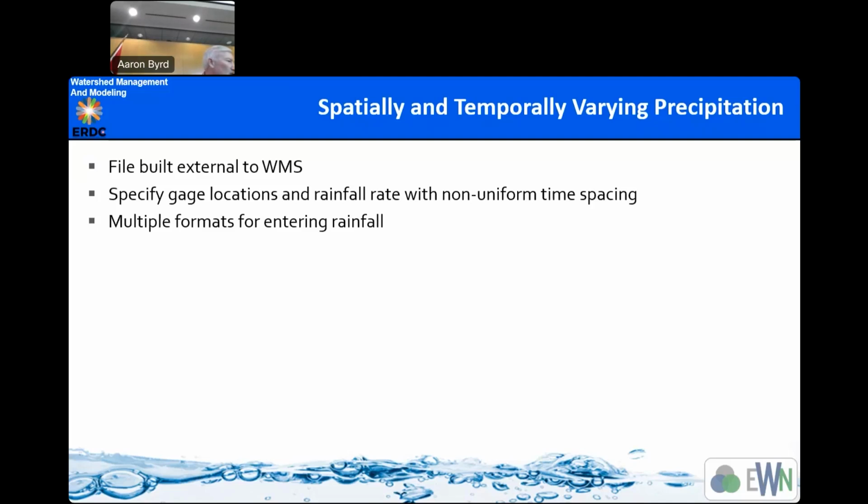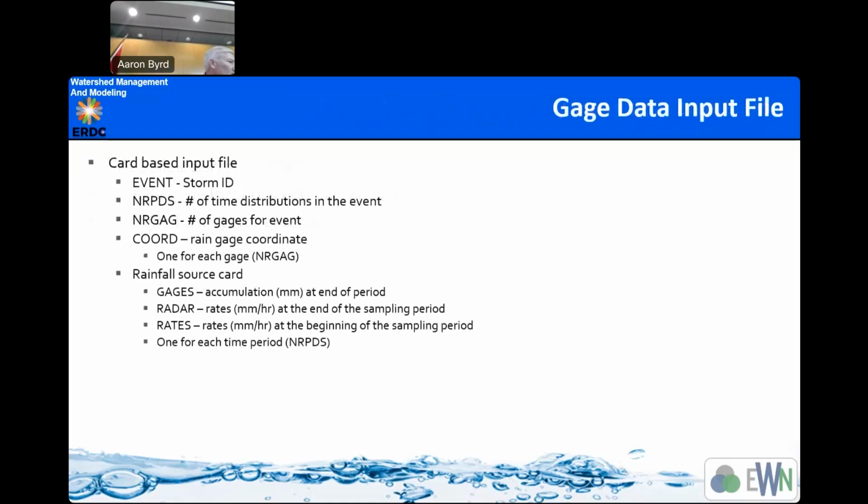So we try to accommodate as much of that as possible without a tremendous amount of work. And so the gauge data input file, it's a card-based input file where you specify the event, how many gauges you have, the coordinates of those gauges, and rainfall source card. There's different ways to put it in.